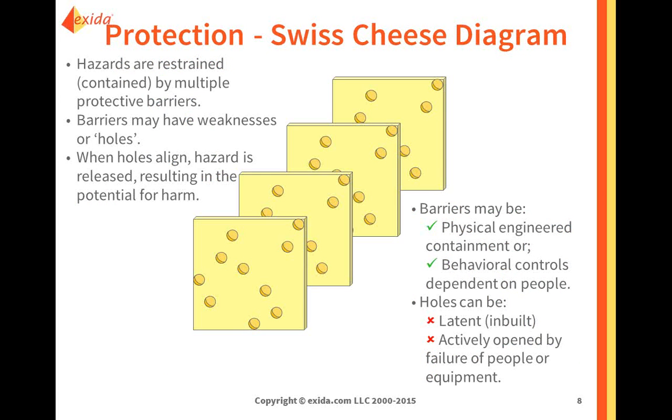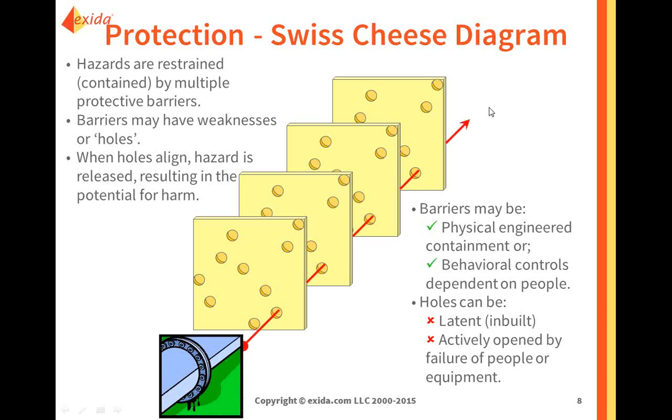Now, when we evaluate the frequency or the probability that a hazard occurs, we look at all these different layers of protection, and we can see that those hazards can be prevented by the effective working of those layers of protection. But we need to realize that those layers of protection have holes.